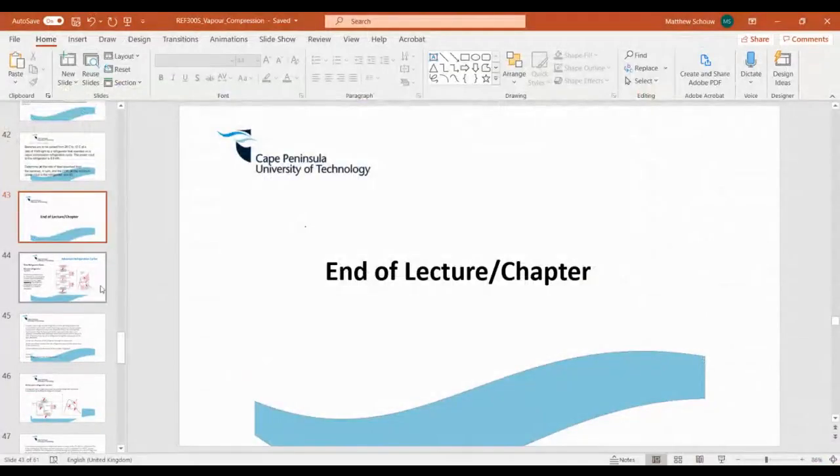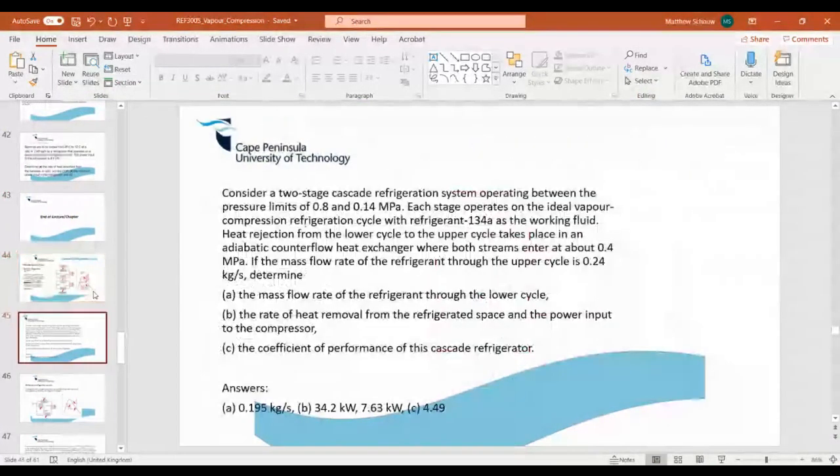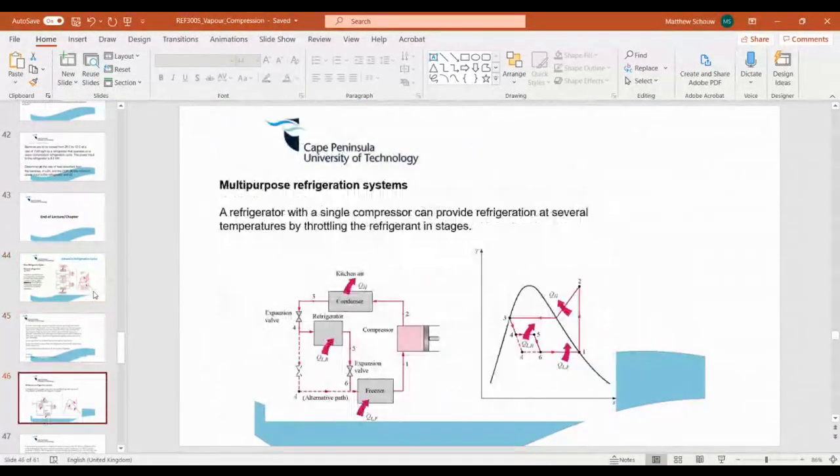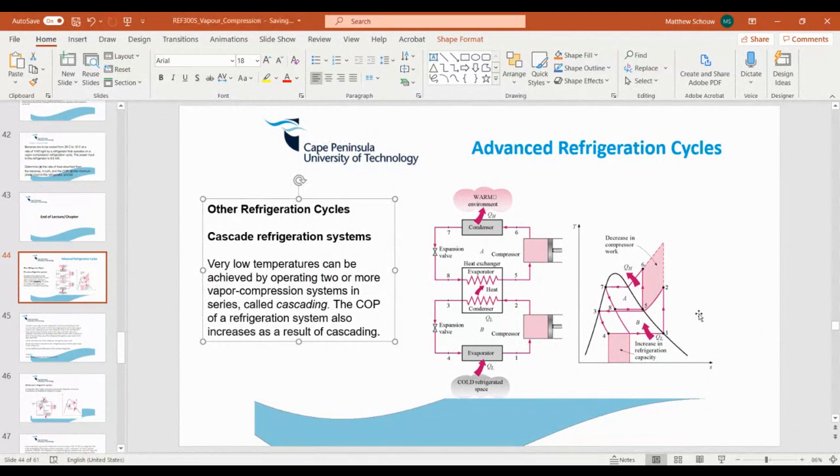If I had 4 or 5 weeks, I could have done advanced cycles. What we do there is called cascading a system, with 2 compressors essentially. With this kind of system we can further extend the temperatures.